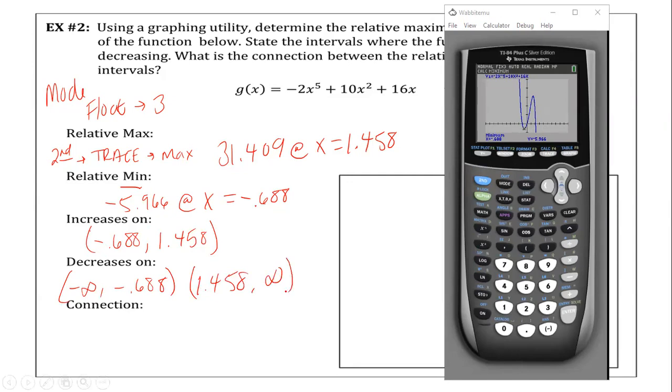Okay. That is how your intervals should look for increasing and decreasing using the calculator. Our connection is your extrema, our turning points. So where your max and mins, those are called extremas. Our turning points.